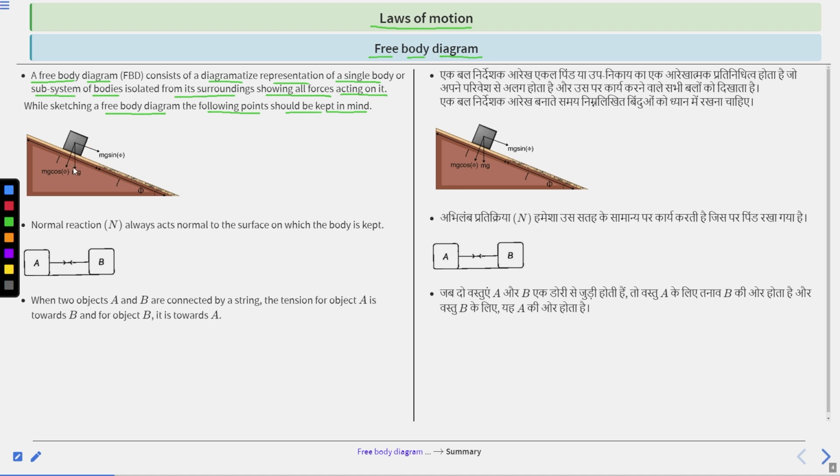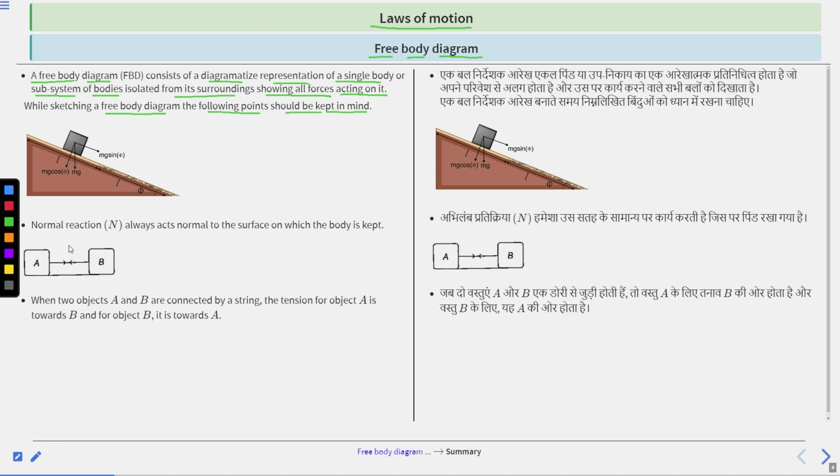The first force is mg, which is weight, and weight acts vertically downward due to acceleration due to gravity. Clear? So this is mg, and we resolve this mg into two components. First is mg cos phi, second is mg sin phi. Clear? So this is the FBD of this block.